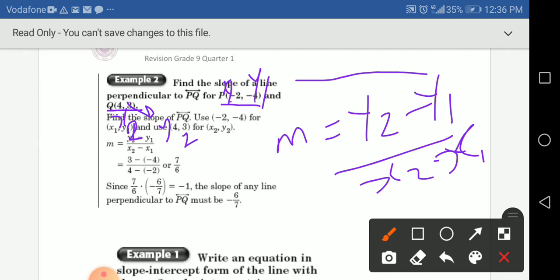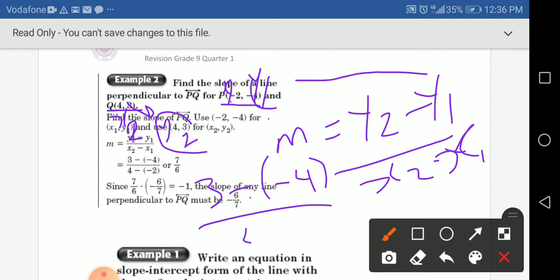So let's solve. I have here what? Y sub 2 is 3 minus y sub 1, which is -4, open bracket, -4. You have two negatives, over x sub 2, which is here 4, minus x sub 1, -2, open bracket, -2.